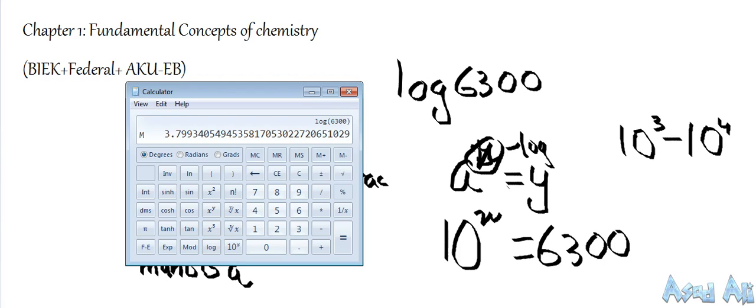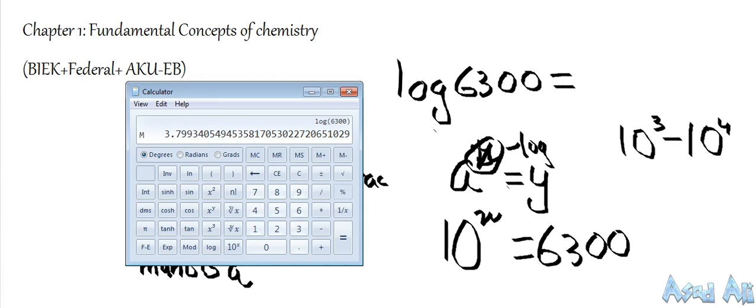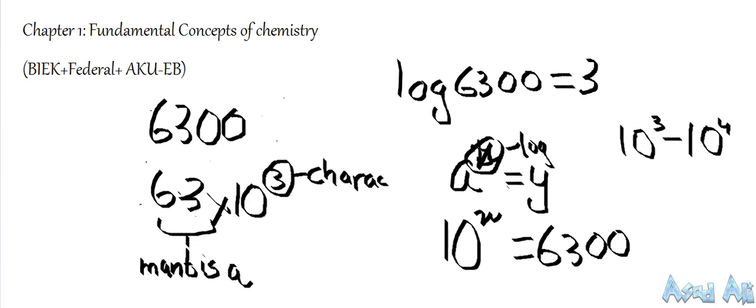The value is always in between 3 and 4 if the number is in between 1000 and 10,000. Now the log comes out to be, log 6300 comes out to be 3.8. So you can actually calculate log through your calculator or log table.